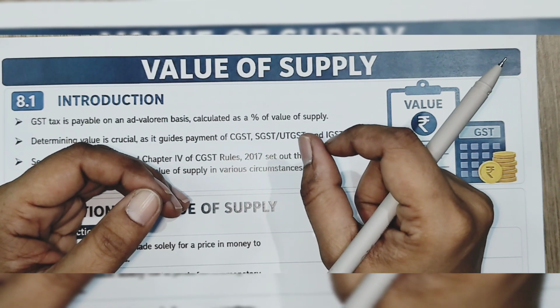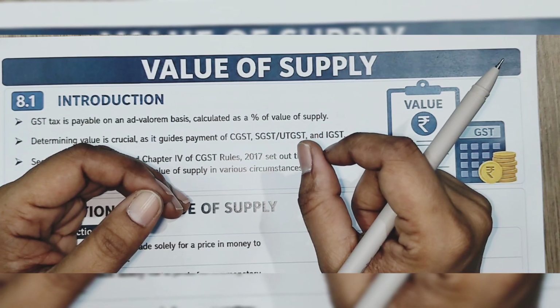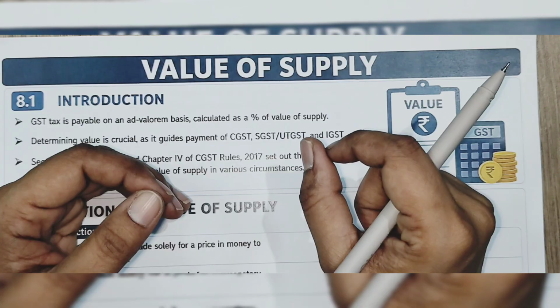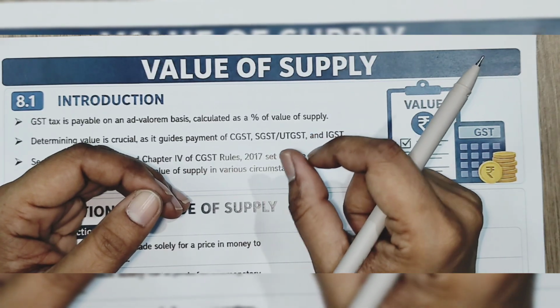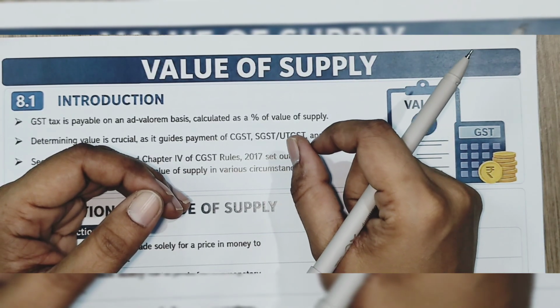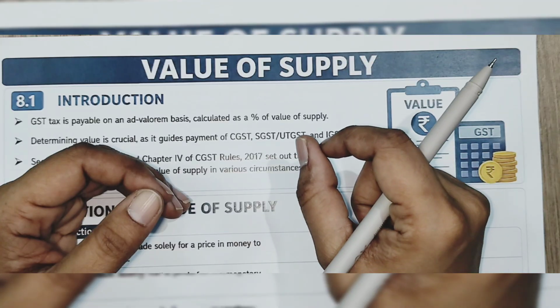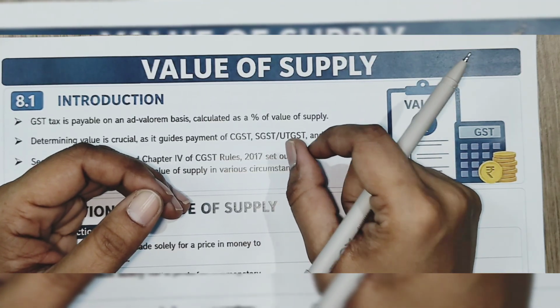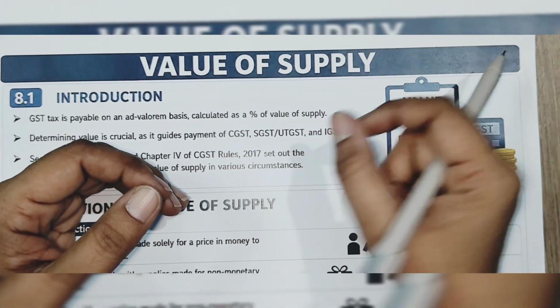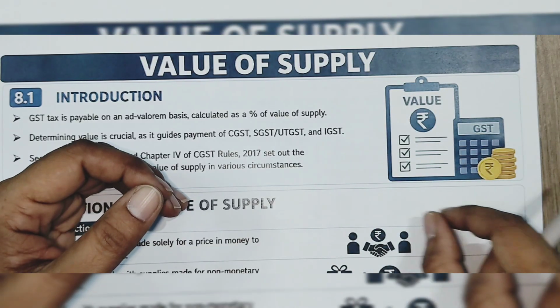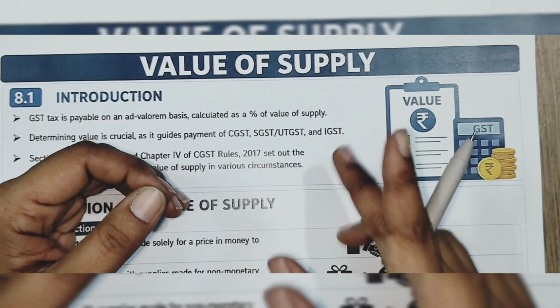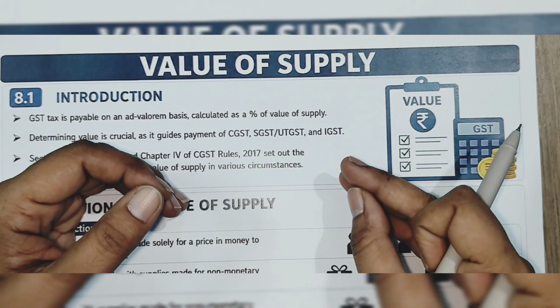Taxable person. Who is taxable person that we have understood? Who is liable to pay the tax GST? What is the limit and all we have understood. There should be a value. On that value only, rate of GST will be decided, right? How will you decide the rate?